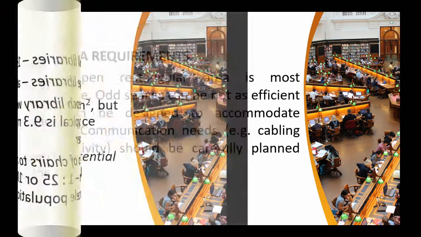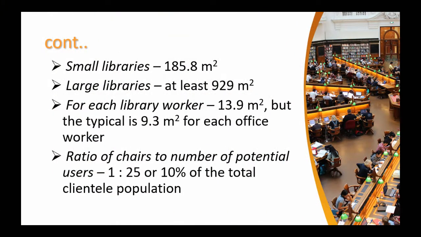In addition, it says here that when we are planning a small library, the required size is 185.8 meters squared, and for large libraries, at least 929 meters squared.